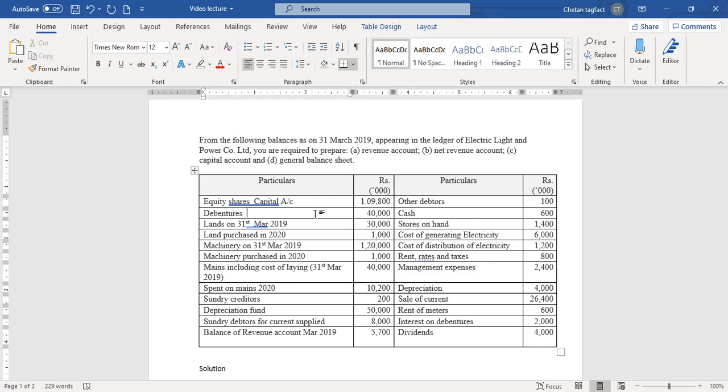So that is why we are taking the equity share in the capital account.